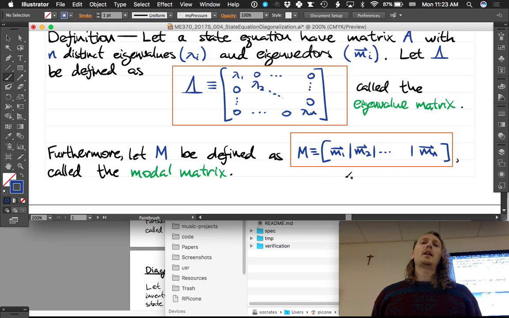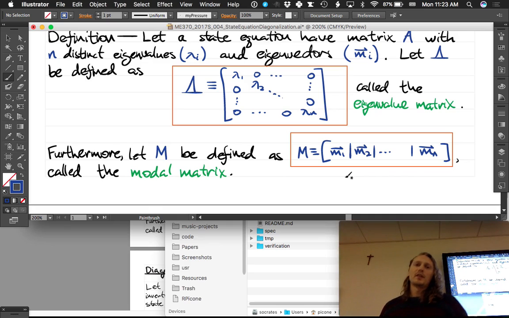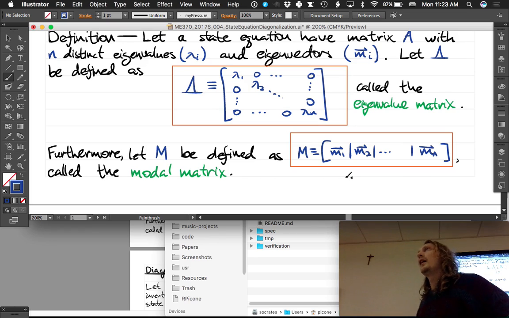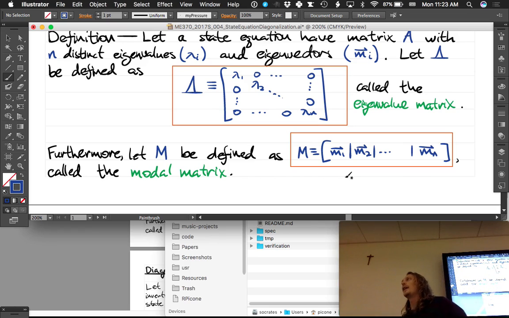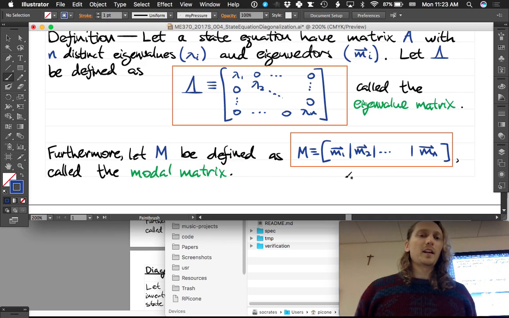And just to give it away, M is going to be the P matrix. So we're going to use M as our P matrix. And we're going to use lambda as well for something else, and we'll see what that is in a moment. Now, here's the little fact that I brought up a moment ago.